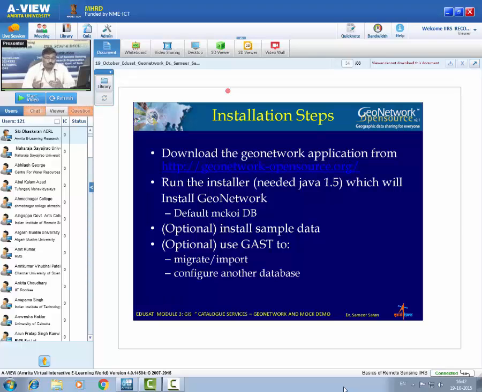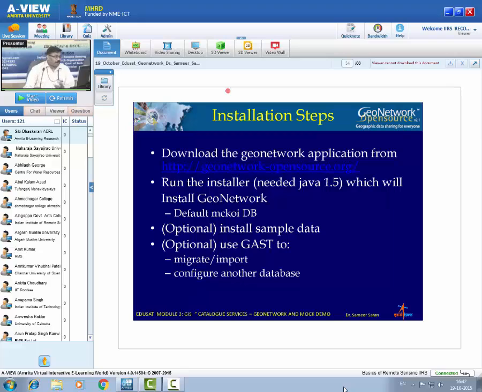In order to do that, there are certain platforms. GAST is one of the applications which has been developed, which allows you to migrate from one system to another, and also allows you to take a backup of the entire GeoNetwork.